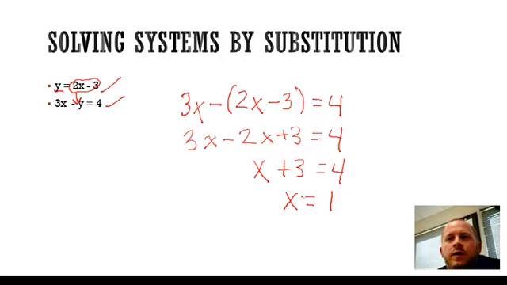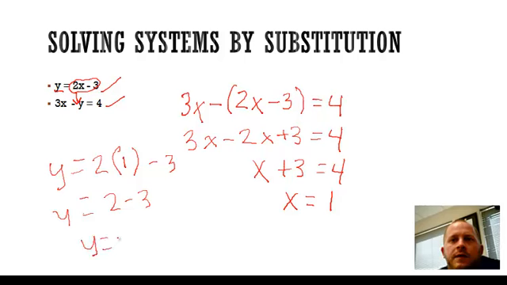We can take this value now and plug it back into our first equation with the 2x minus 3, but in place of the x, we're going to go ahead and put our 1. And go ahead and solve it out for the y.